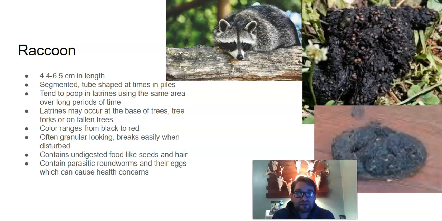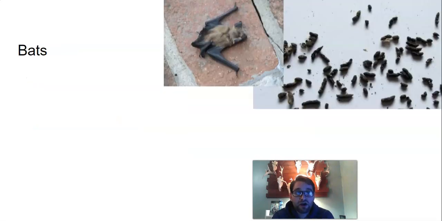The color ranges from black to red depending upon the season and the diet that they have. Oftentimes it's granular looking and it will break easy if disturbed, but again, as a reminder, do not disturb animal feces with your hand. The important part to that is that especially raccoons, their feces can contain parasitic roundworms and the eggs of the roundworm, which can cause health concerns in people.